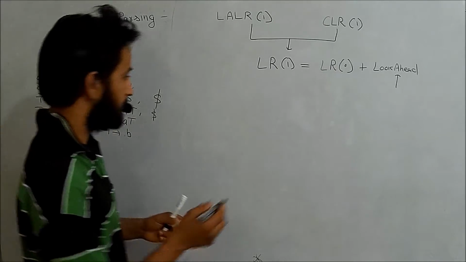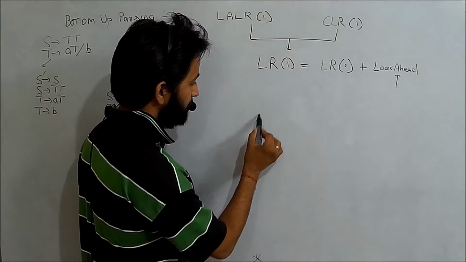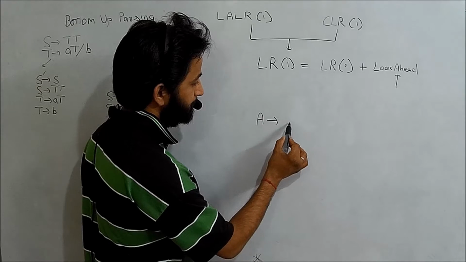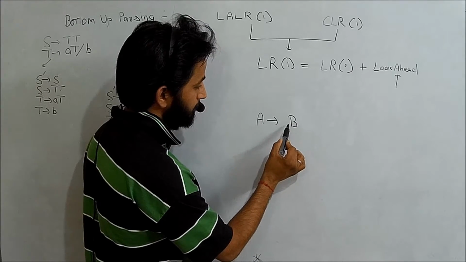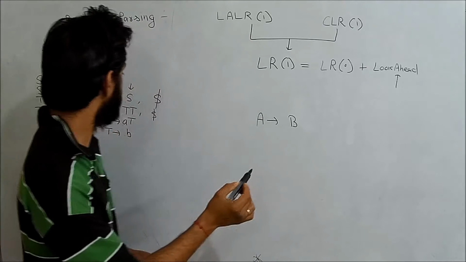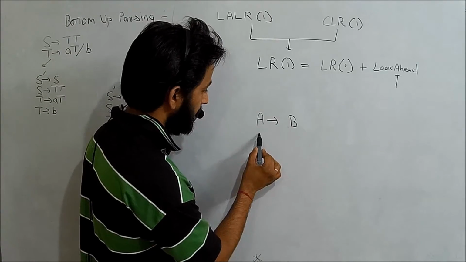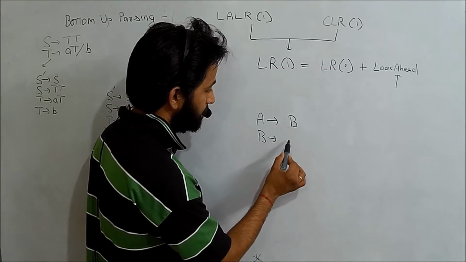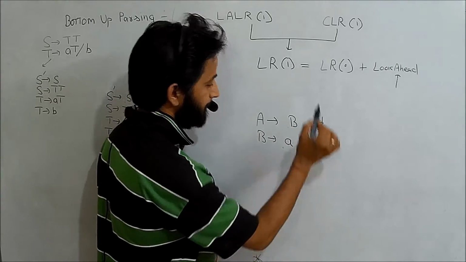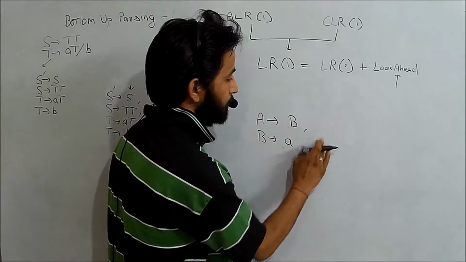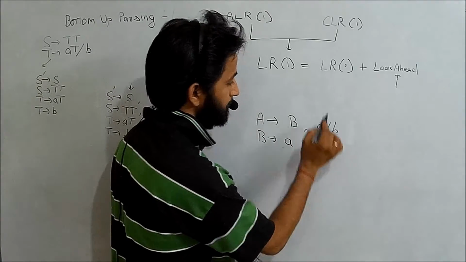Let us take one more example. If I have an item with the dot before B, and I add the closure of this, that is A, and here the lookahead is a slash b.